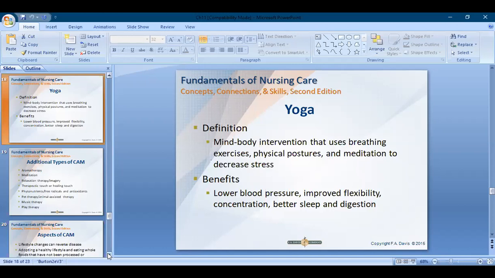Breathing exercise or some posture actually increases the blood supply, and the relaxation technique called meditation can help you. So yoga is basically good to reduce the blood pressure or improve the flexibility of the body, help to increase the concentration, right? And also help for better sleep and digestion. Basically, this posture helps you.